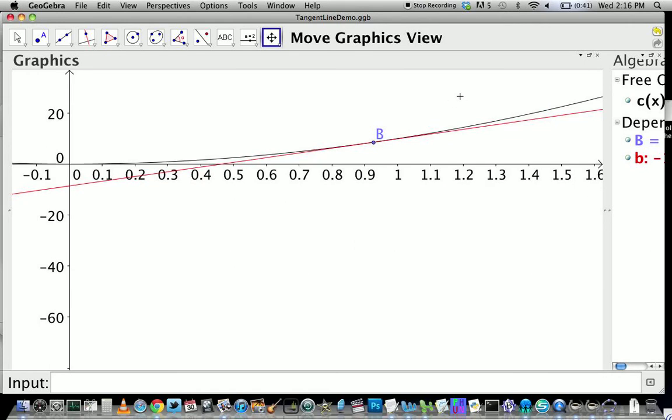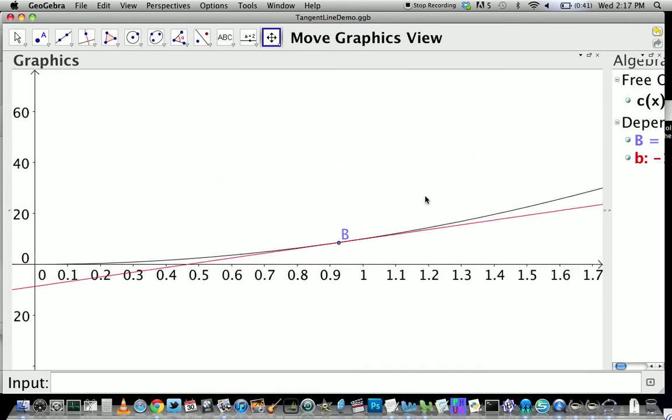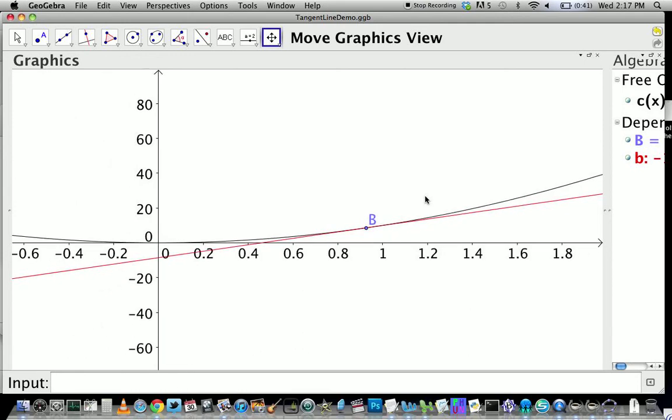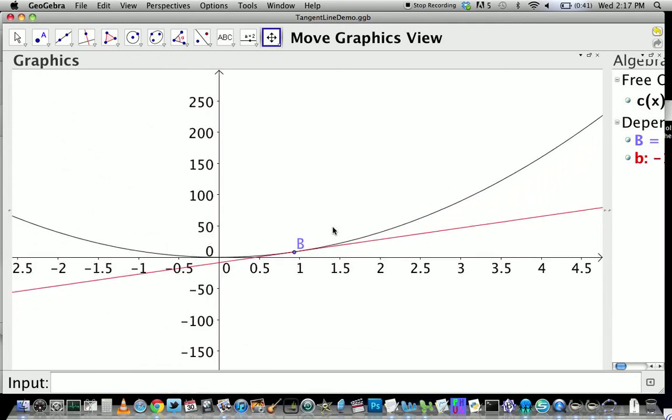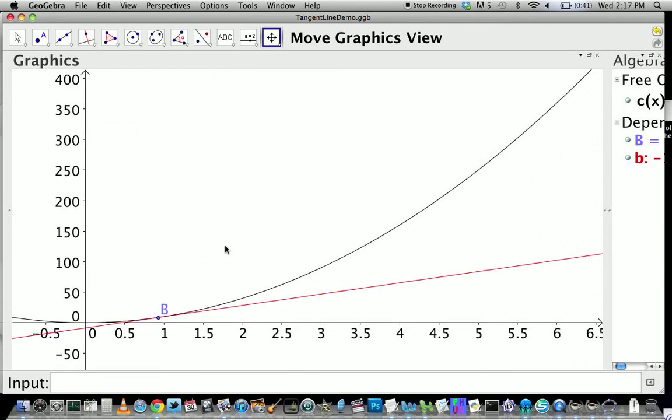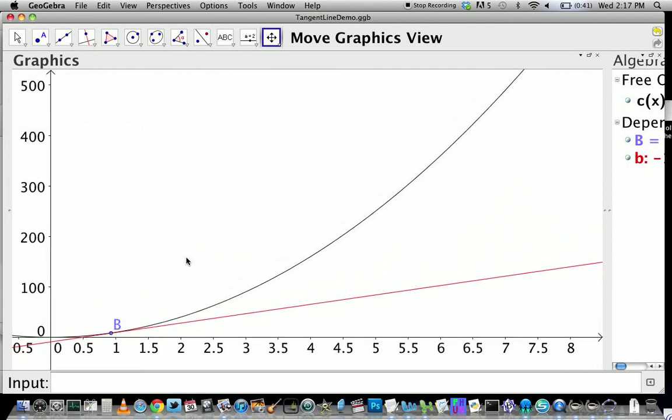That is, the red line still looks pretty straight, but you're starting to be able to see that the black line is pretty curved. And in fact, if we zoom way out, you can see that the black line is quite curved.